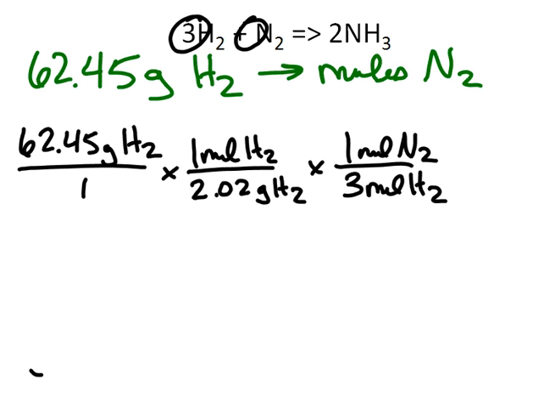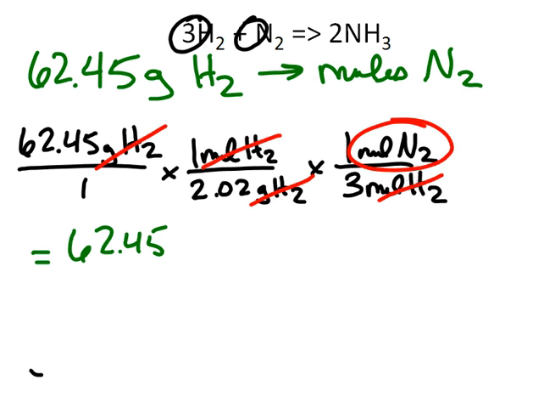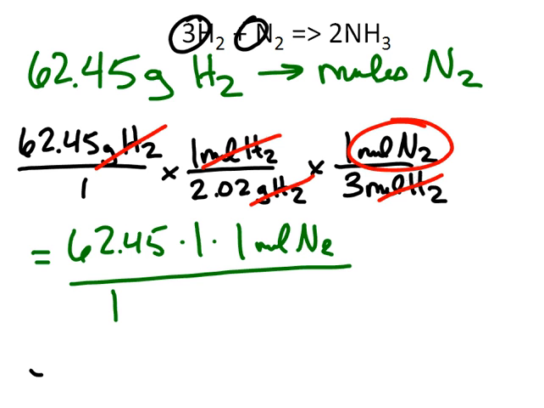Once I've gotten to that point, I have what I want. My moles of hydrogen will cancel out, my grams of hydrogen will cancel out, and I'm left with the number of moles of nitrogen. So I'll end up getting 62.45 times 1 times 1 mole of N2 all over 1 times 2.02 times 3.